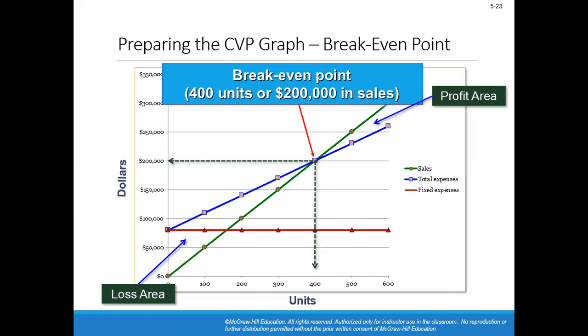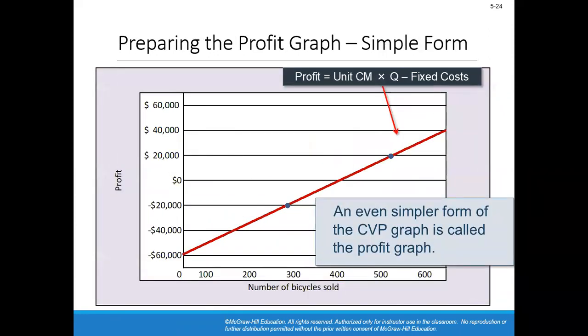Now, is it possible to draw a relation between the profit and the sales units? It is possible. If we draw a relation between the sales units and the profit, we will get this kind of picture.